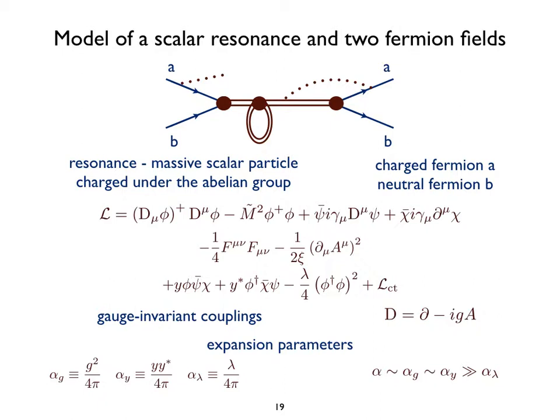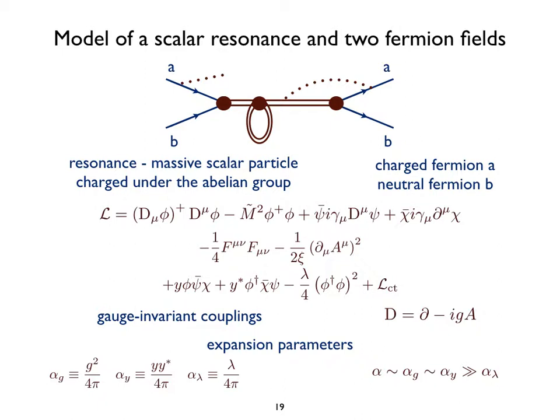I would like to emphasize that the description above is valid for resonances of arbitrary spin. Next, I'm going to concentrate on the simplest case of the scalar resonance. To illustrate the construction of EFT, we consider the massive scalar resonance production by two highly energetic light fermions.